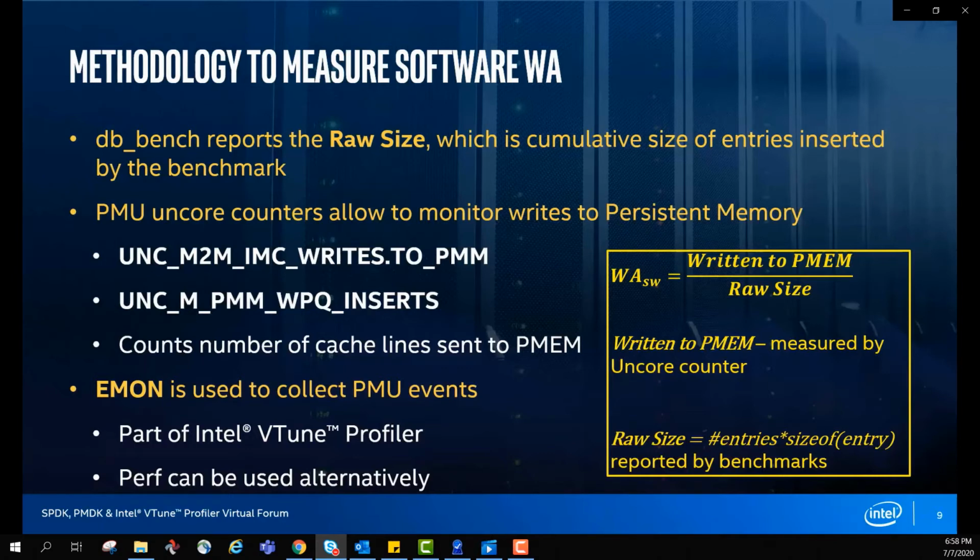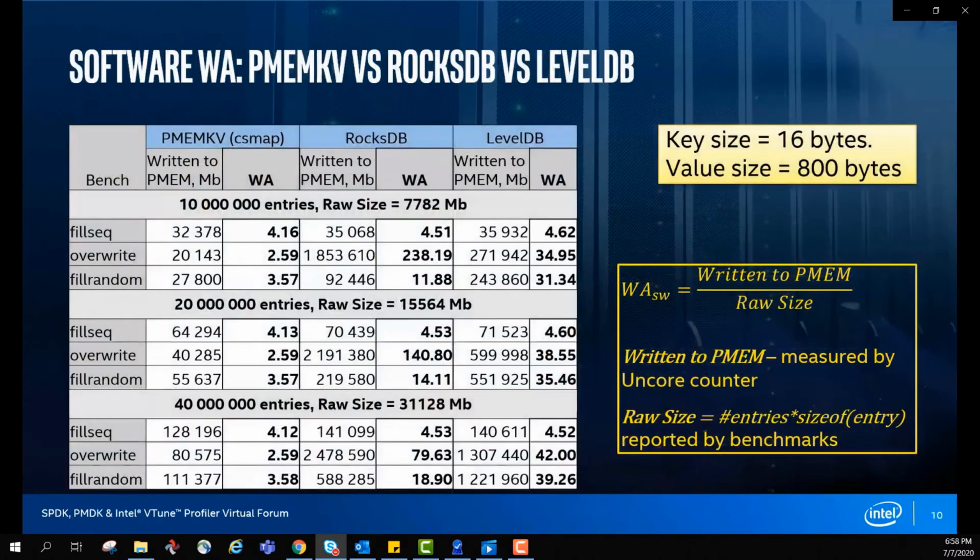In our case, we run RocksDB and LevelDB to store data on persistent memory. We run them without any modifications, and they use persistent memory as a block storage device, so we call this mode storage over App Direct. Because persistent memory has a DAX file system, we can use the regular file read-write API, and that's it.